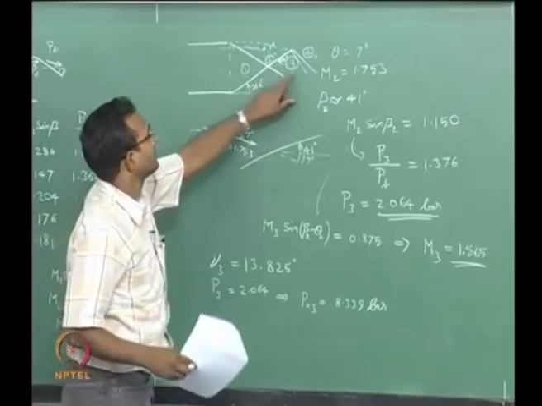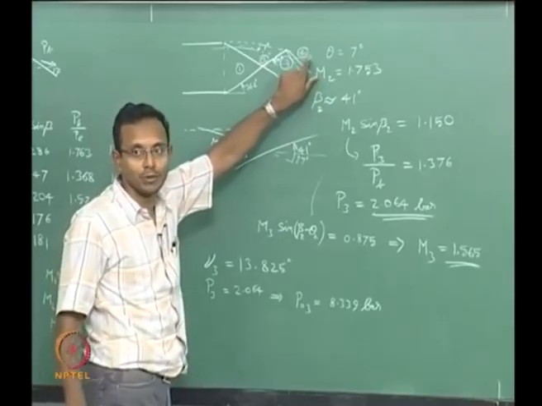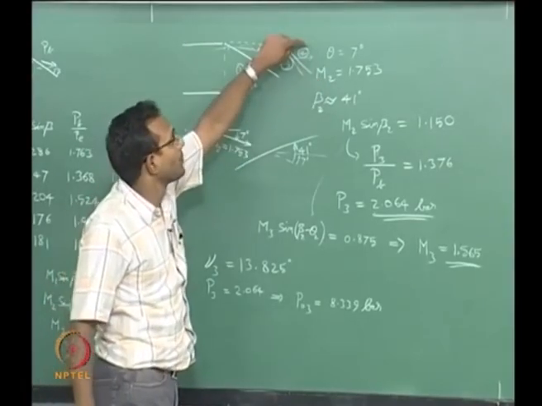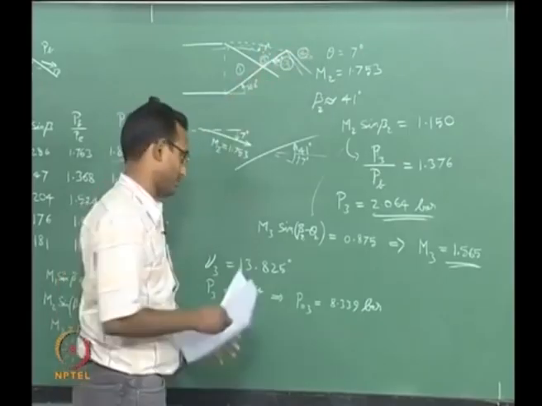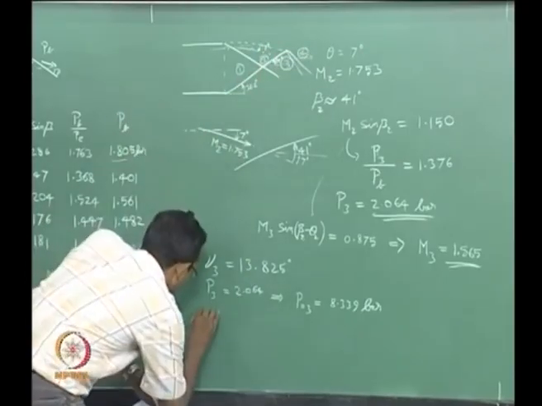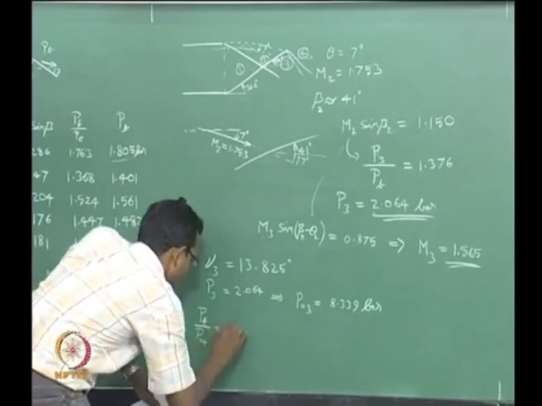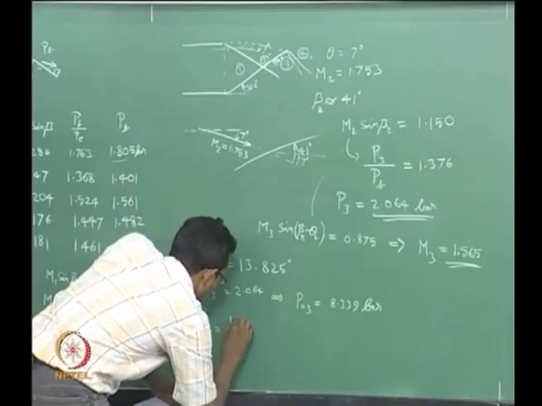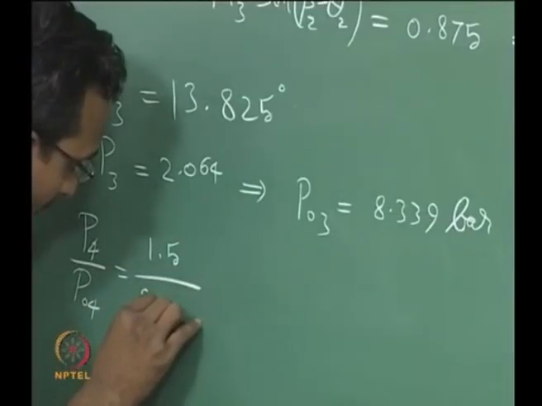I know that across this expansion isentropic relation, so P naught 3 is equal to P naught 4. Now I know P4. If I know P4, then I know P4 by P naught 4. P4 is 1.5 bar divided by P naught 4, 8.339.